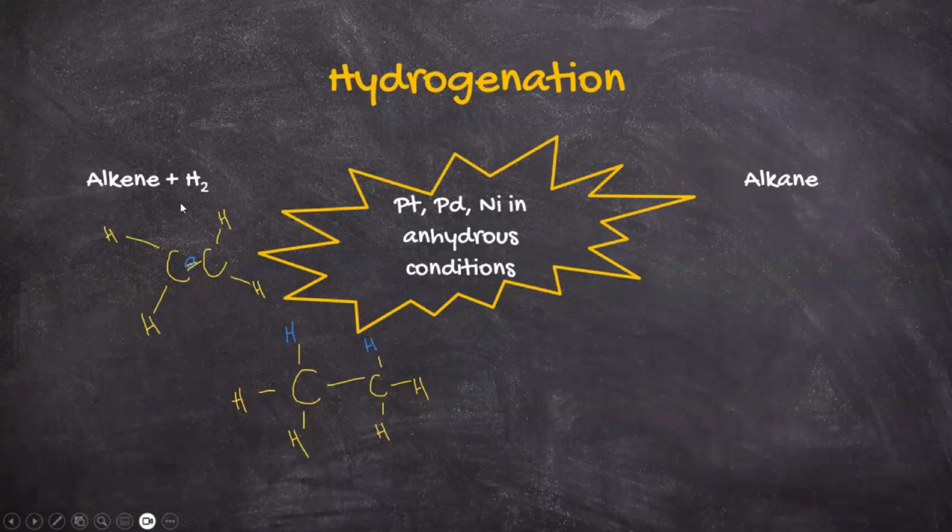Do you agree with me that the molecule I've drawn at the bottom is not ethene, but ethane? It's an alkane now. So we've gone from being an alkene, ethene, to being ethane, the alkane. All right, good.